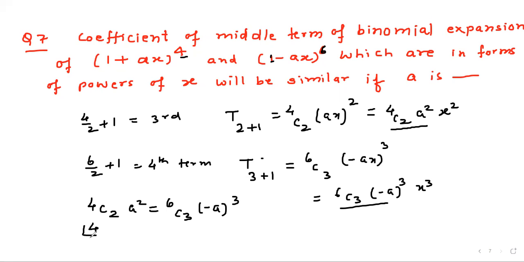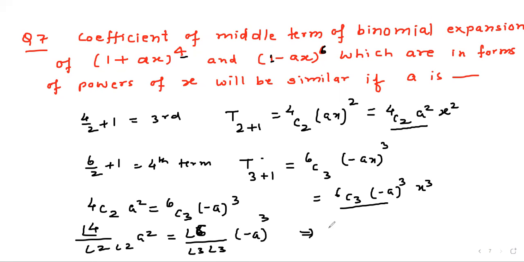So factorial 4 divided by factorial 2, a square, equal to factorial 6 divided by factorial 3 times factorial 3, times minus a cube. So we can simplify. So we get 3 by 10 a square equal to minus a cube, which implies a equals minus 3 by 10, which is our answer. Thank you.